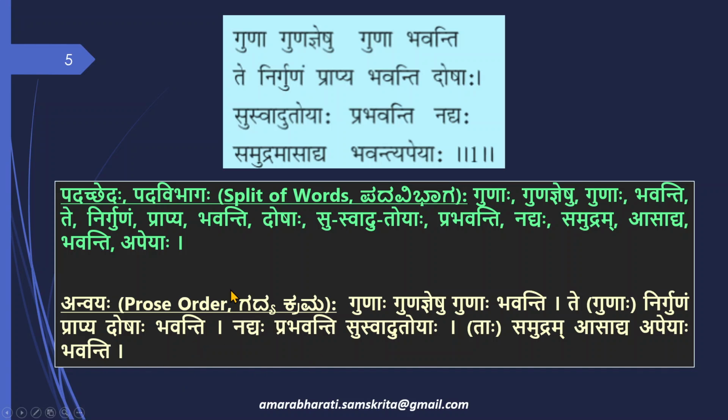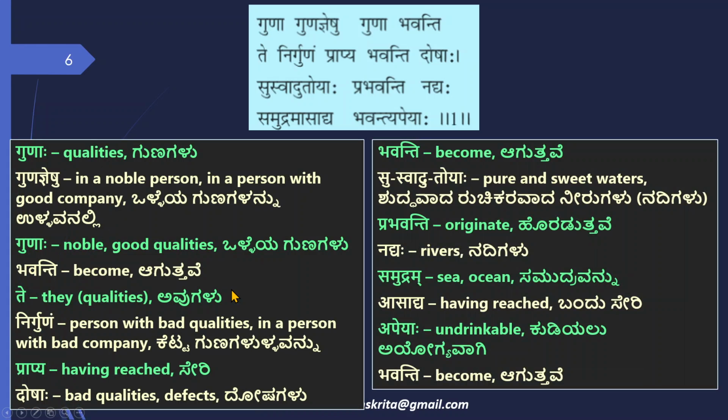Now let us look at the pratipadartha or the meanings of the individual words. Gunaha means qualities. Gunagneshu, in a noble person, in a person with good company. Gunaha, noble, good qualities. Bhavanti, become. Te, they, the qualities. Nirgunam, a person with bad qualities, in a person with bad company.